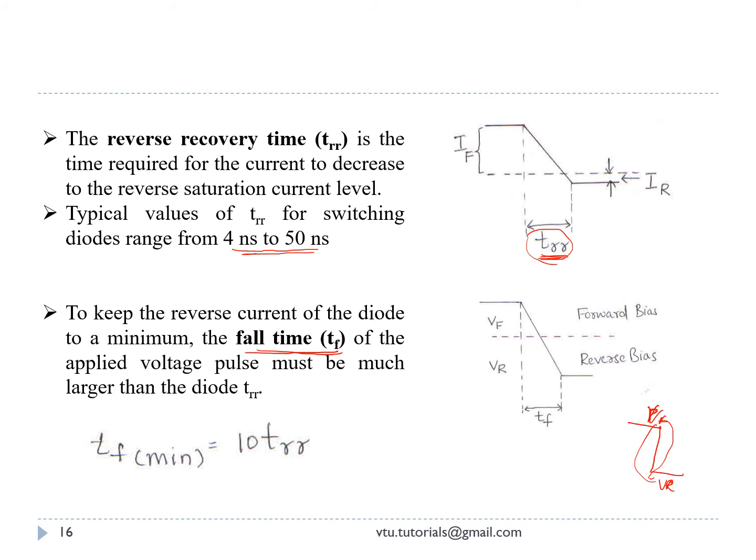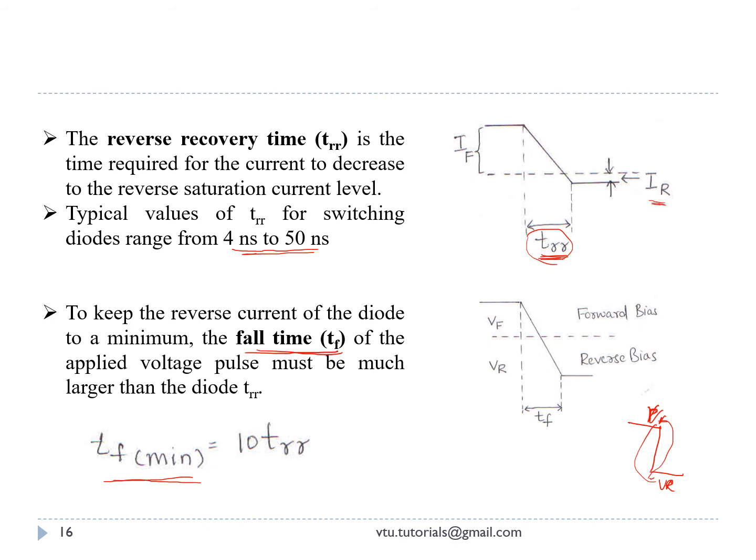To keep the reverse current of the diode to a minimum, the fall time of the applied voltage pulse must be much larger than the diode reverse recovery time. The minimum fall time that is essential is equal to 10 times the reverse recovery time. If it is 10 times the reverse recovery time, then only the minimum value of IR will be obtained.